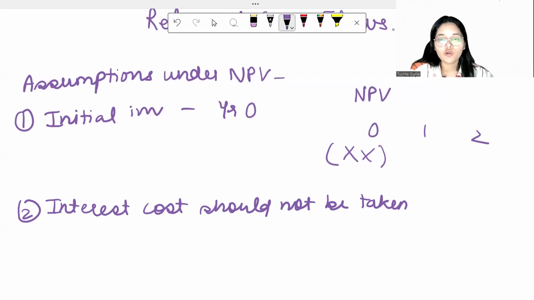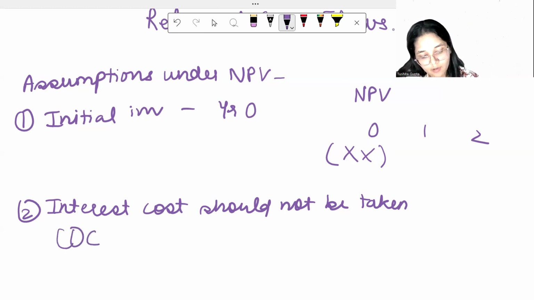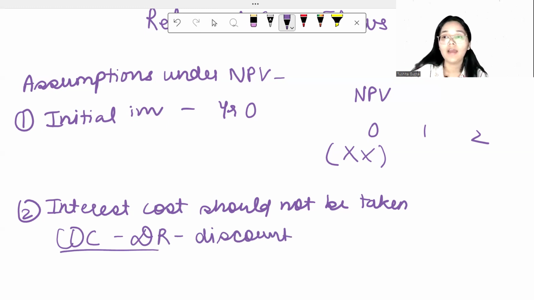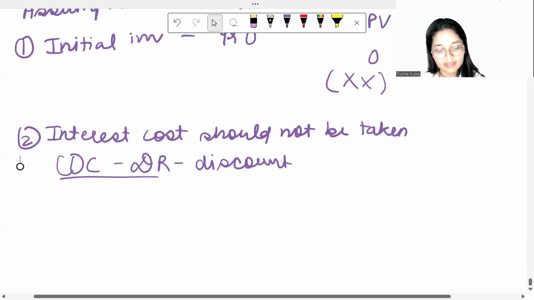So any interest cost will not be deducted from your profits over here. Why? Because this is taken care of when you are discounting the cash flows. When you use the cost of capital or the discount rate to discount the cash flows, this interest cost is automatically built into it. That is why you do not have to separately account for the interest cost. This is the second assumption.